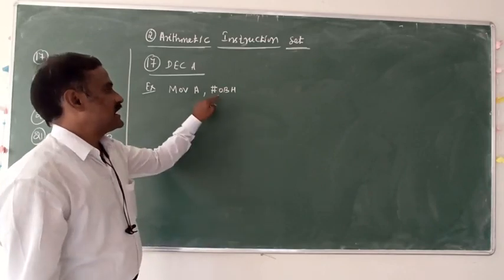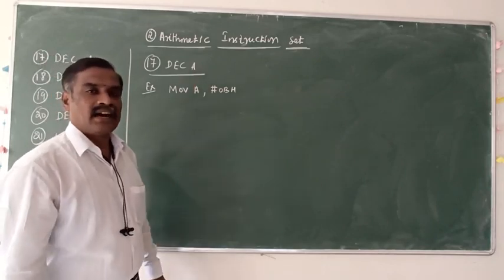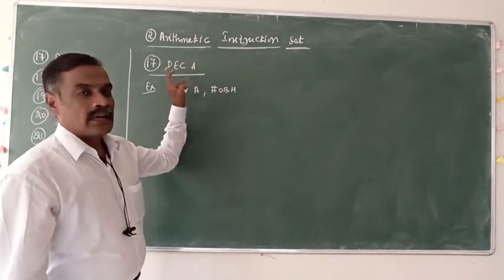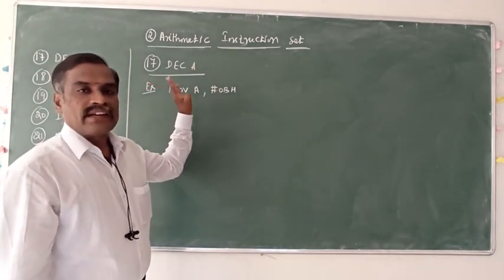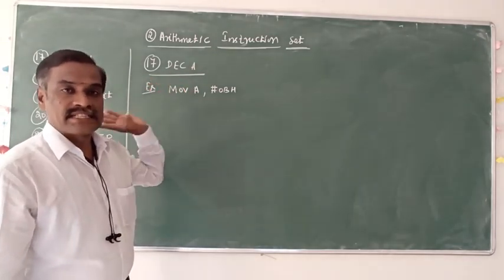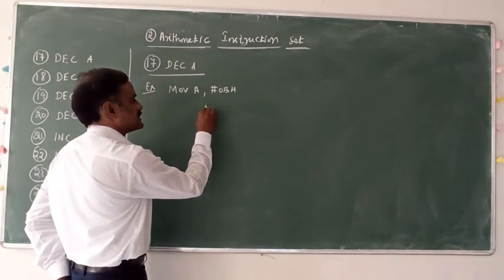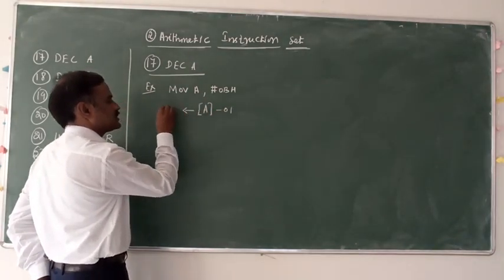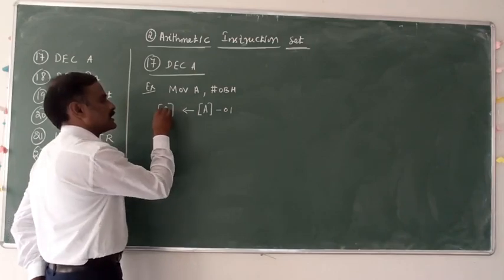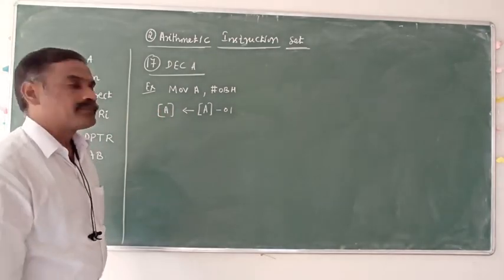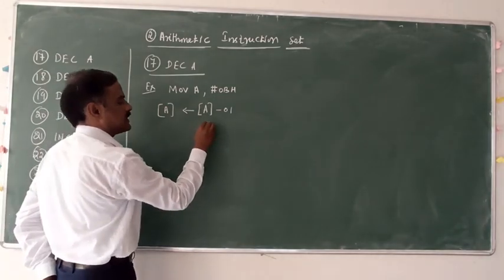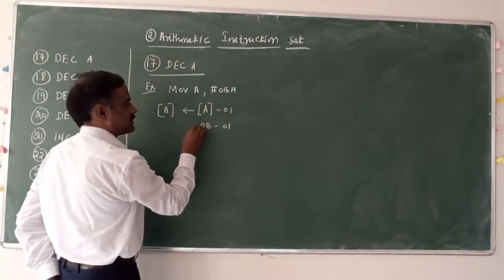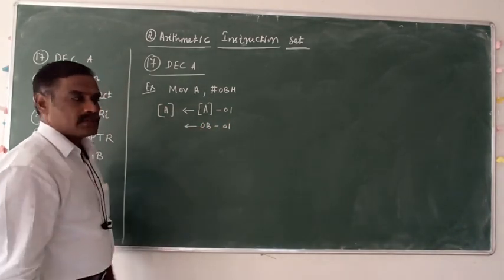Now to decrement the A register content single times and the result to move to the A register itself. A register data minus 01, that result to move to the A register itself.